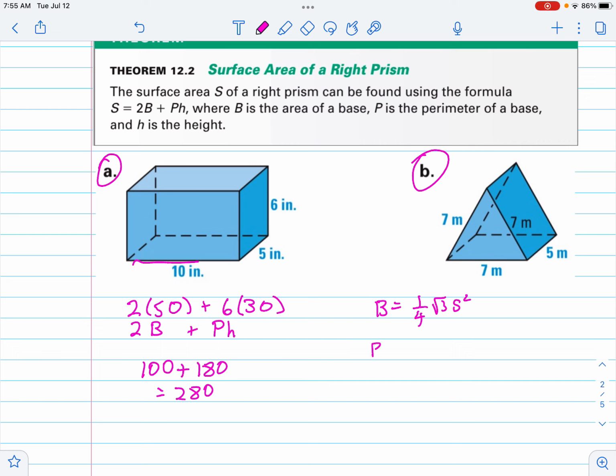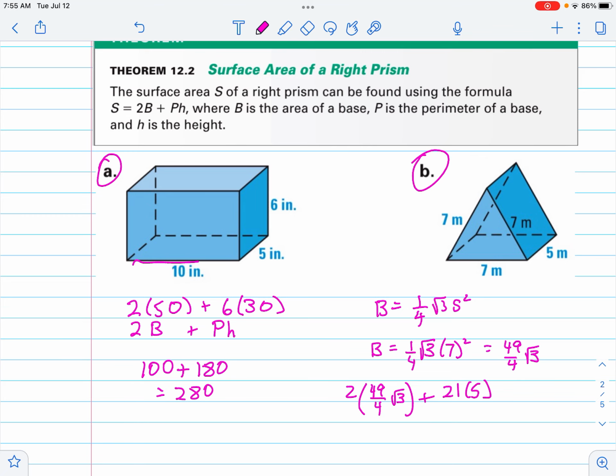So here's what we've got. The base area is equal to 1/4 square root of 3 times 7 squared. Well, that's going to be 49/4 times the square root of 3. There are 2 of those, 2 of these 49/4 square root of 3, plus the perimeter, which is 21, times the height.